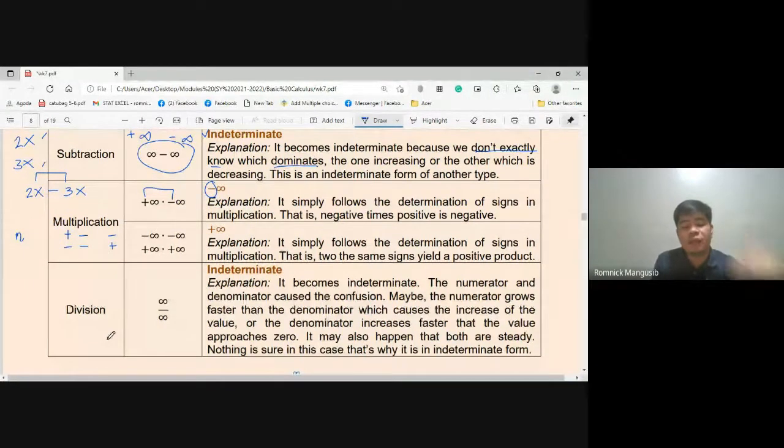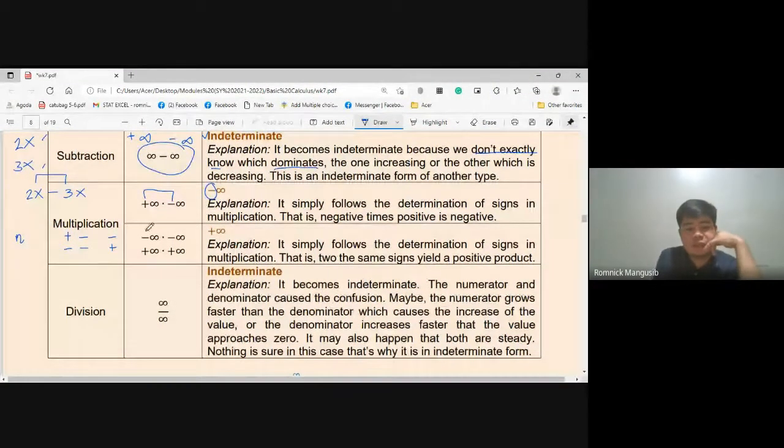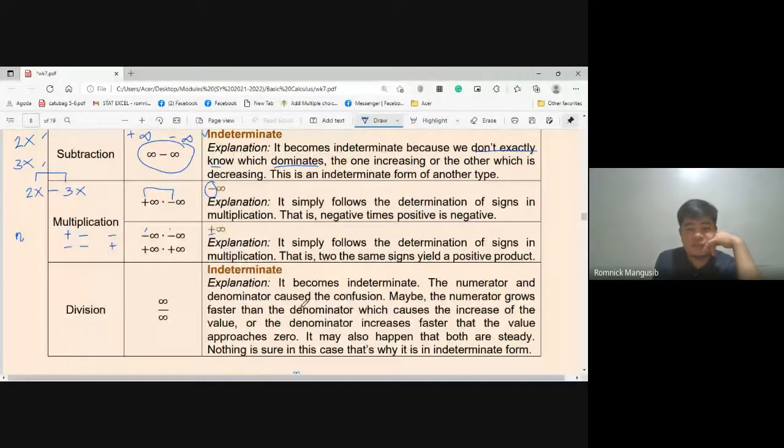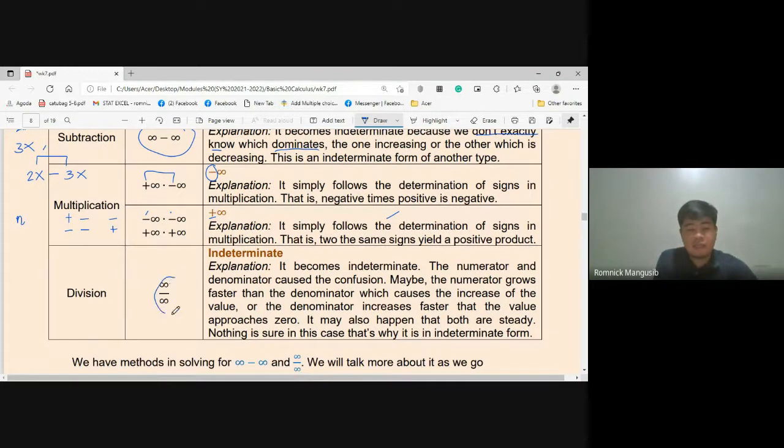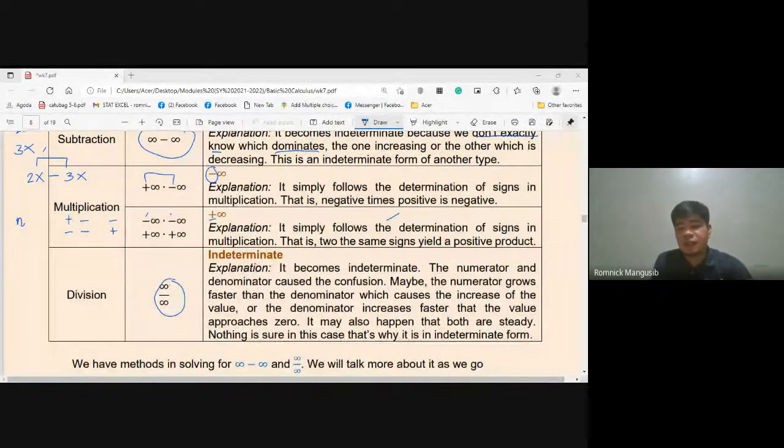Okay? And we have here, definitely like signs will prevail, positive sign. It simply follows the determination of signs in multiplication. That is, two the same signs or two like signs yield positive product. Okay? And for the division, it becomes indeterminate, you know, class, kasi ang nangyayari dito, which among these two, the numerator and denominator, increases faster.